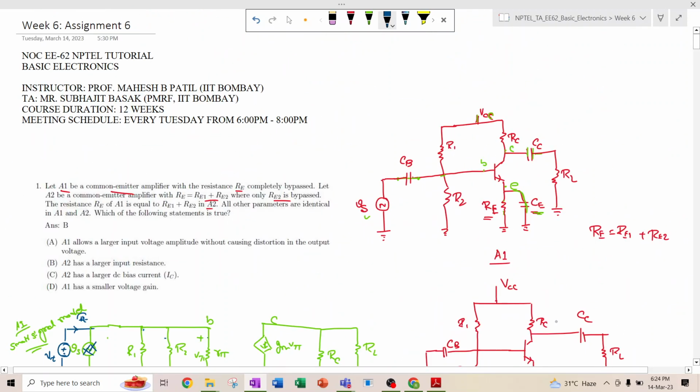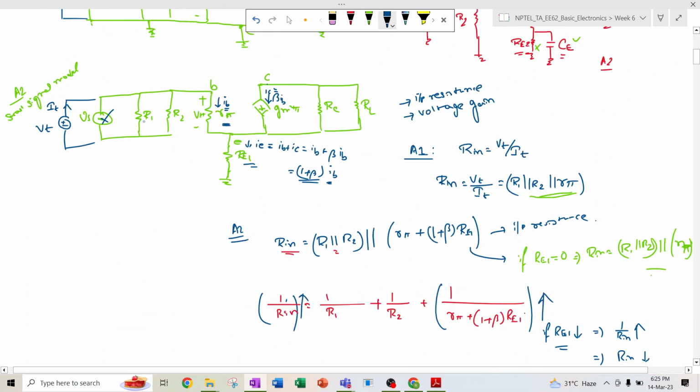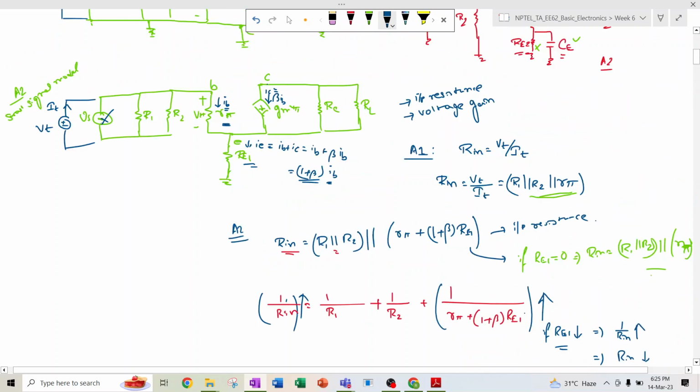In the given option, A2 has larger input resistance, so this option is satisfying. But we want to see the other options also, whether they are satisfying or not. So, A1 has a smaller voltage gain. I will find out the voltage gain of this A2 small signal model.